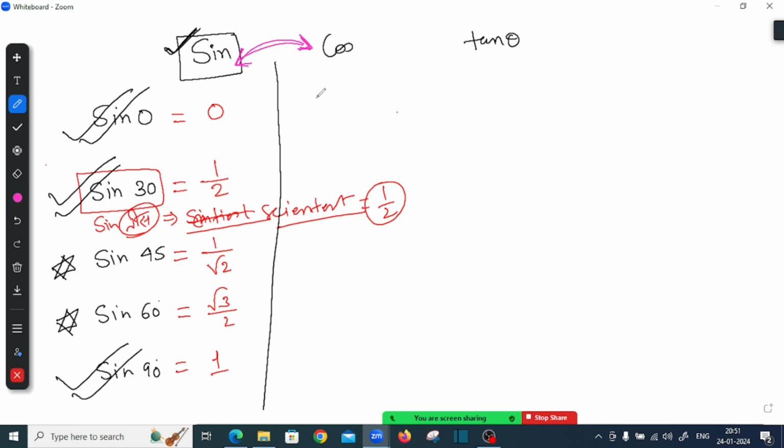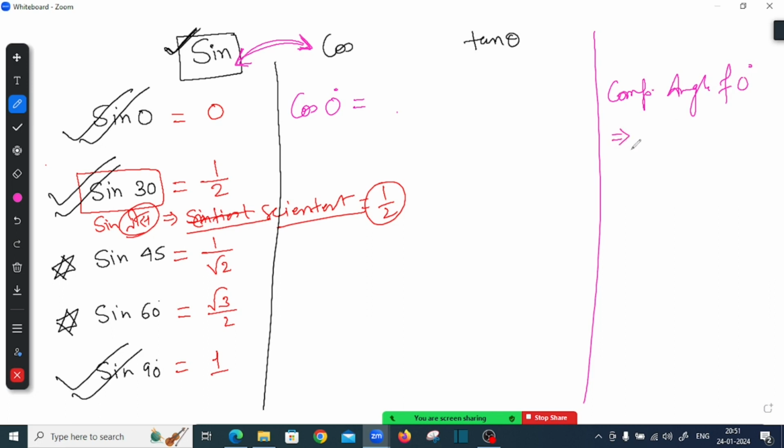For example, someone is asking cos 0, what should be the cos 0? So you have to find the complementary angle of 0. Do you know the complementary angle? Do you know complementary and supplementary angles?